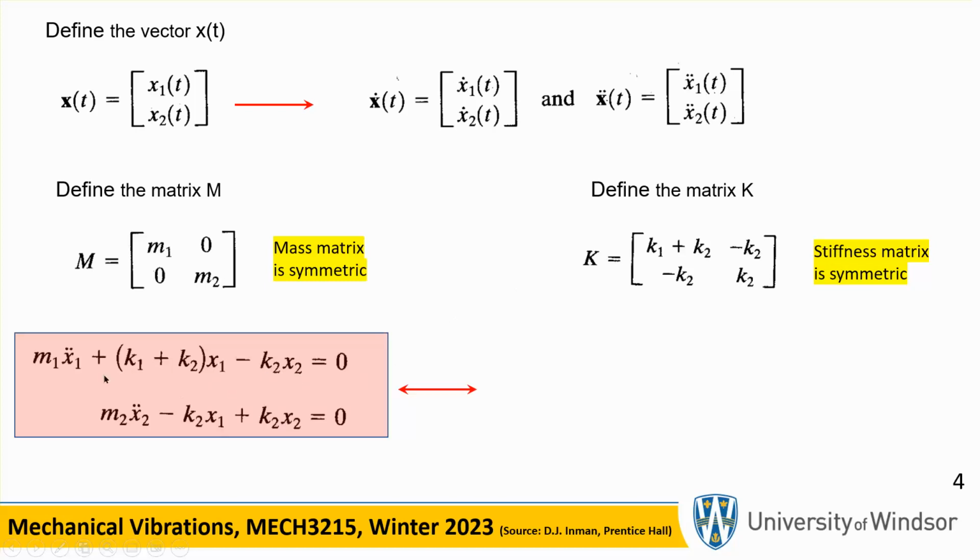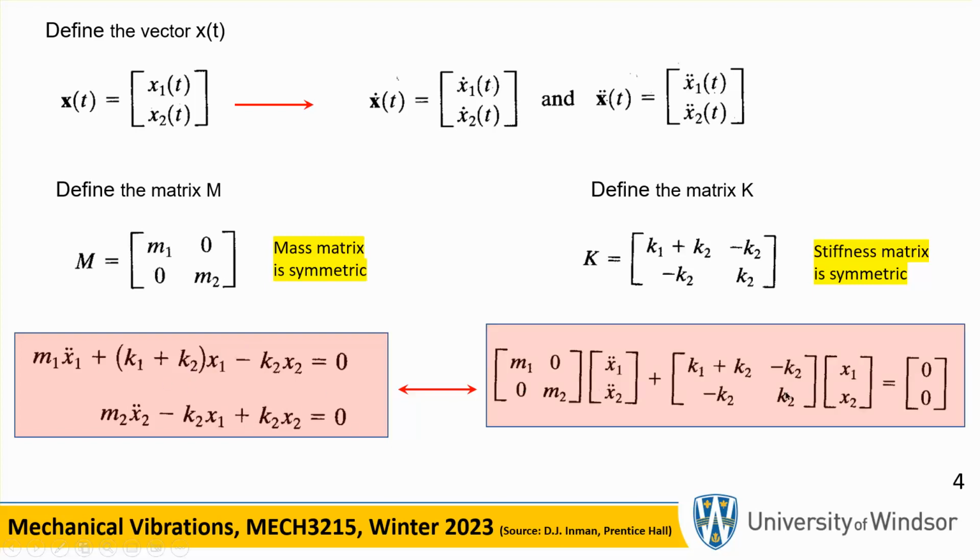Now, this was the equation that we had on the previous page, the equation of motion for the two masses. If you clean this up, you can see that it's going to be this matrix M times the vector of acceleration plus this matrix K, which is called the stiffness matrix, times the position, x1 and x2, equal to 0.